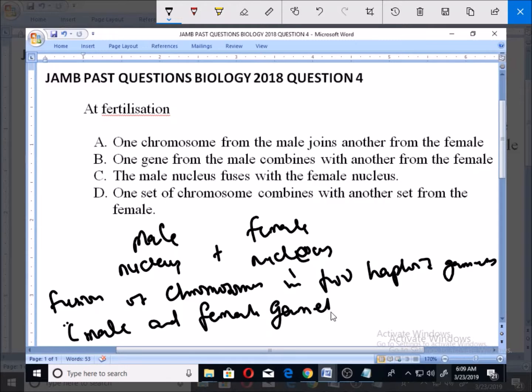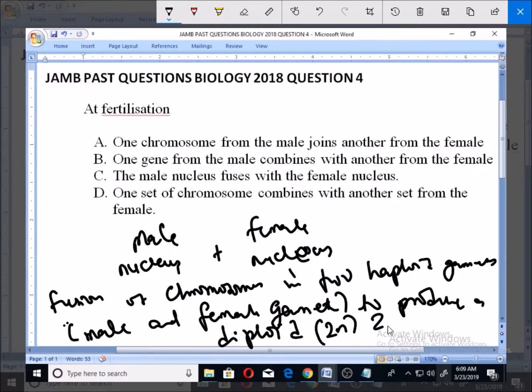When there is the fusion of these to produce a diploid, that is 2n zygote, whenever you have the production of a zygote by the fusion of chromosomes in two haploid gametes, that is the gamete from the male and the female, to form a diploid zygote, we have what to call fertilization. That is what fertilization is all about.